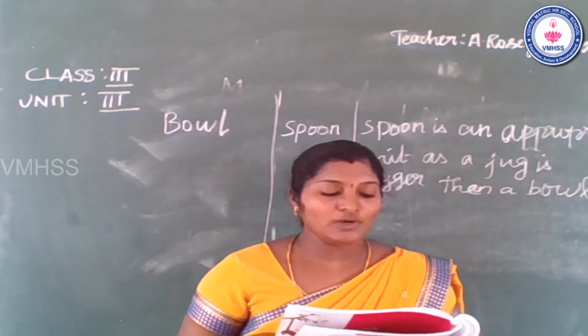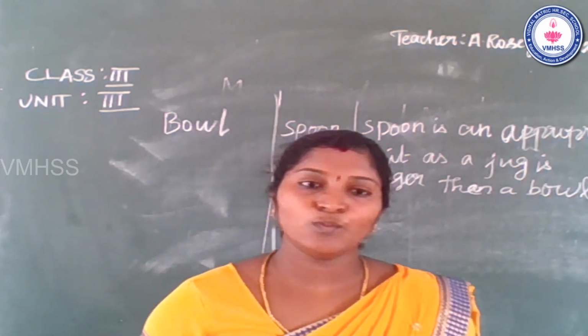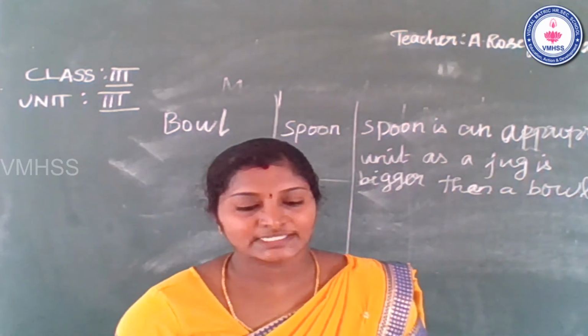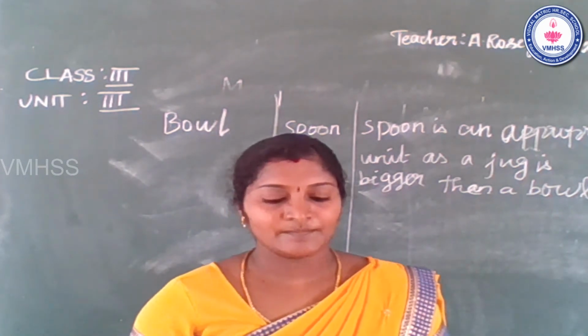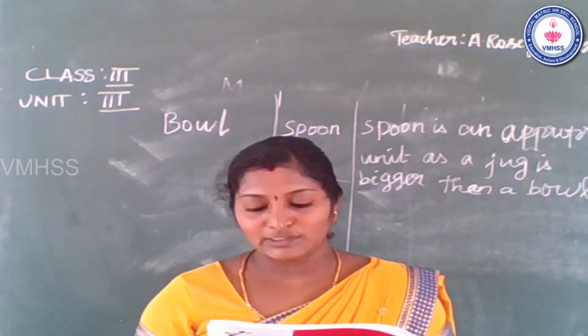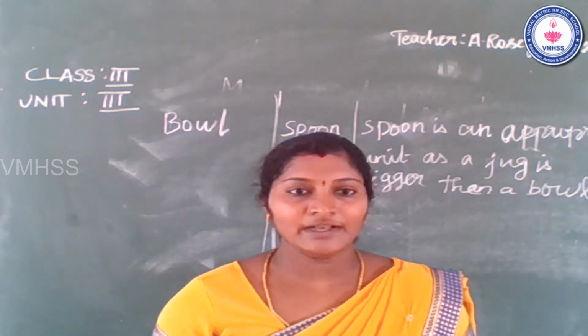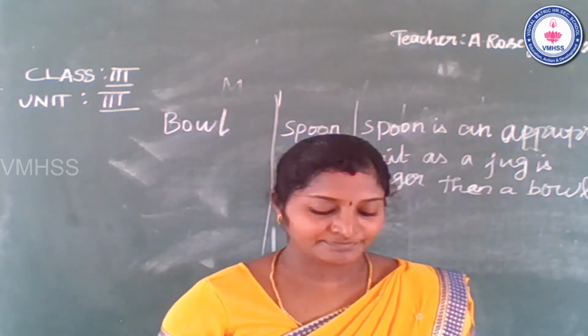Next one, bowl: the unit is spoons, circle the spoons. A spoon is an approximate unit as a jug is bigger than a bowl. Okay, we finished.